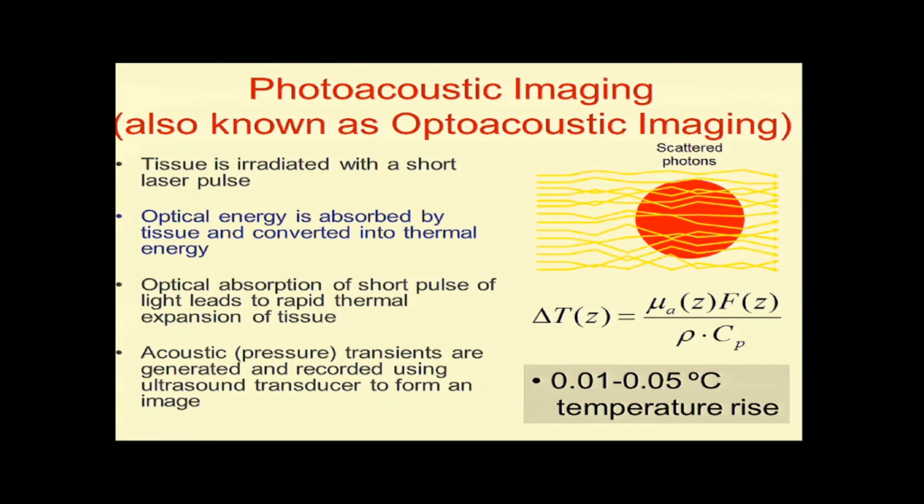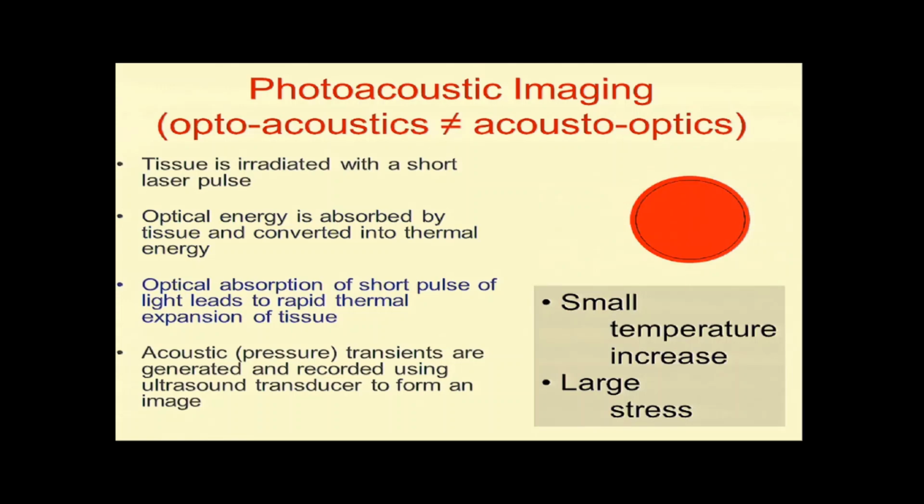That deposition of temperature is a small fraction of a degree, so there should not be any thermal concerns or thermal damage, if you wish. However, even though the deposition of temperature is very small, there will be large stresses generated, especially at the surface of the absorber, because tissues are incompressible, and no matter how small the temperature is, it will expand and generate acoustic waves.